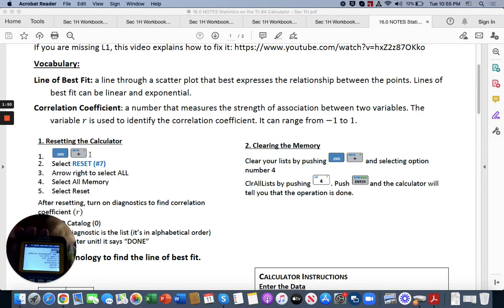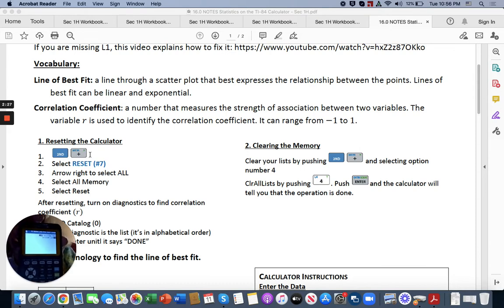Then you want to go to reset, which is number 7. Then you move the arrow to the right and select all, then select all memory and select reset. So from here, I'm going to select 7, use the right arrow, all memory, and then enter.